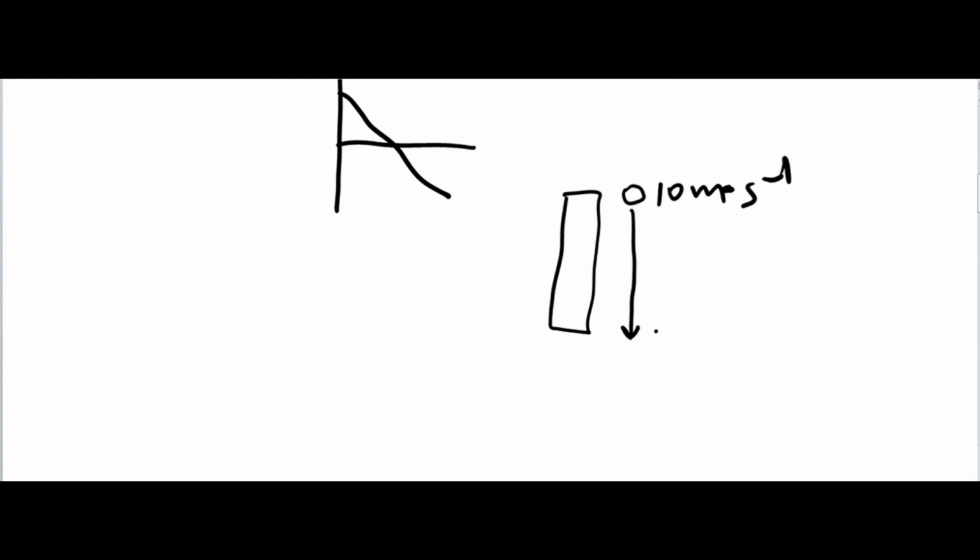Okay. Then when the ball is thrown vertically downwards, what will happen? So you must know that when it is thrown vertically downwards from a certain height, the speed increases. Which means if you have 10 meters per second, for example here, the speed will increase maybe to 19 meters per second.